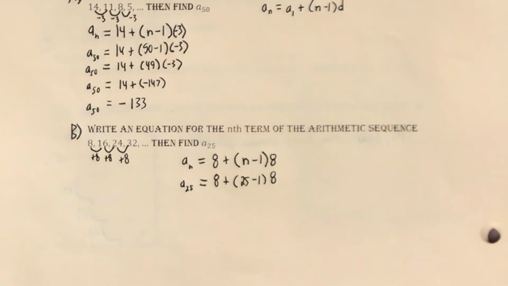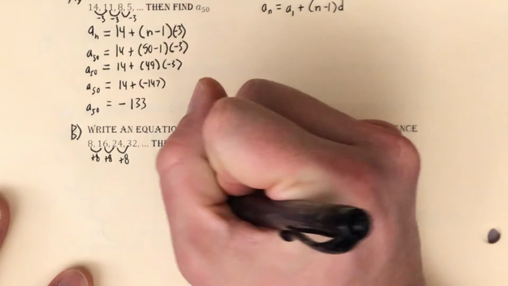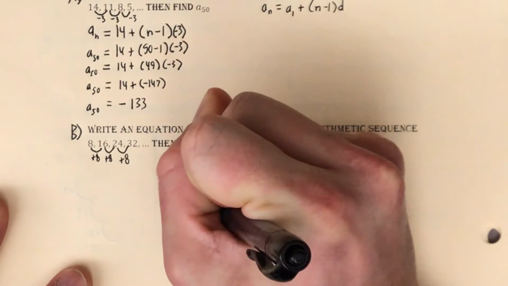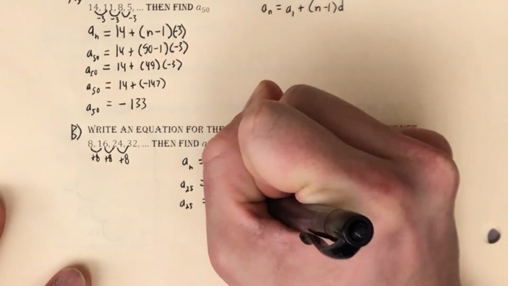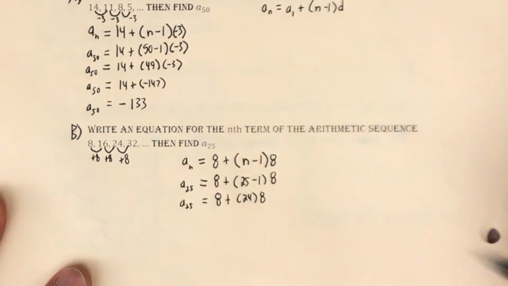All right, well, again, got to follow that PEMDAS model, which says simplify inside parentheses first. So a of 25 equals 8 plus 25 minus 1 is 24, and then times 8. Well, next step would be exponents, don't have those. Third step, multiplication and division. I've got multiplication, so I need to multiply 24 times 8.